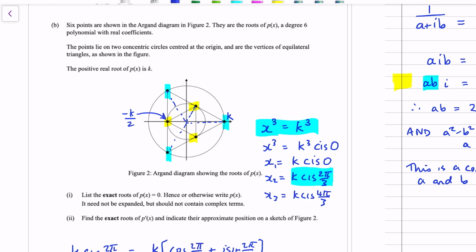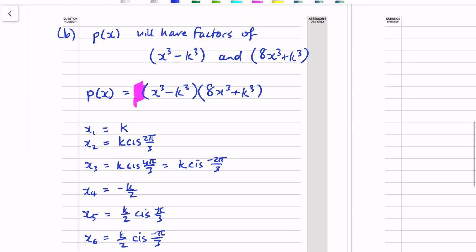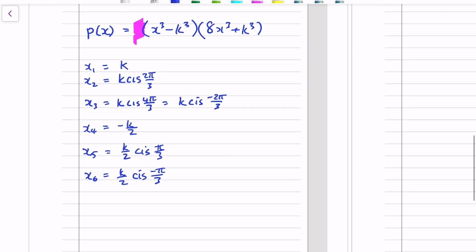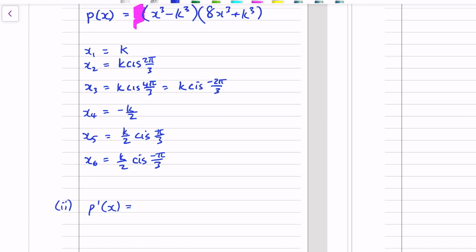So fortunately we've got a nice format for p of x, so differentiating it isn't too bad. P dash of x, we can use the product rule. Differentiate the first term, and be careful of this because the k is a constant, so the derivative of the first term is 3x squared multiplied by the second term, and then differentiate the second term and multiply by the first term.